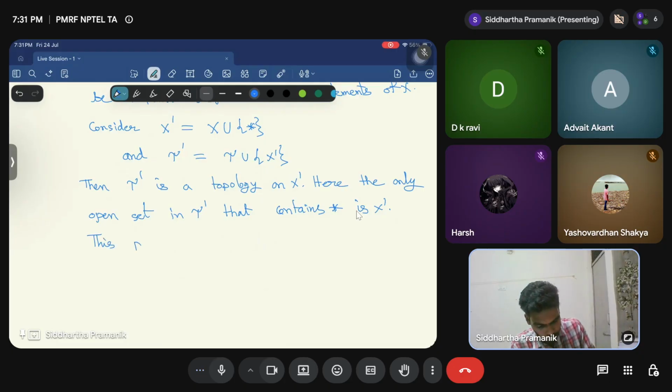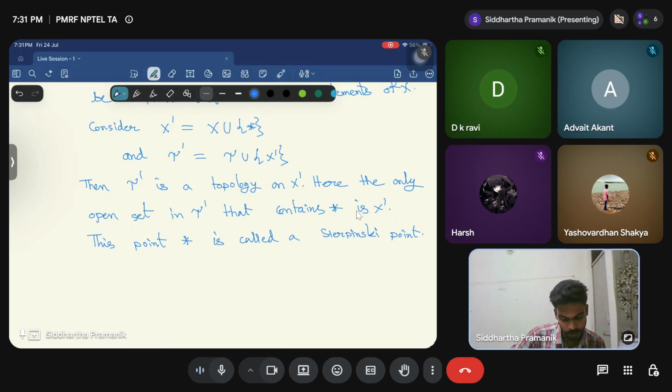This point is called a Sierpinski point because only the whole set contains this point, because there is no other open set which contains star.